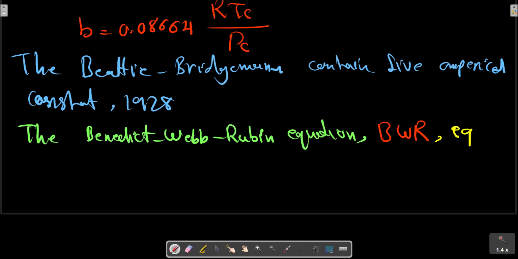The equation extended that form with 3 additional terms in order to better represent higher density behavior. Several modifications of these equations have been used over the years and often correlate gas mixture behavior.